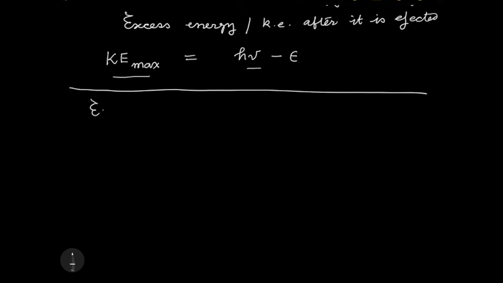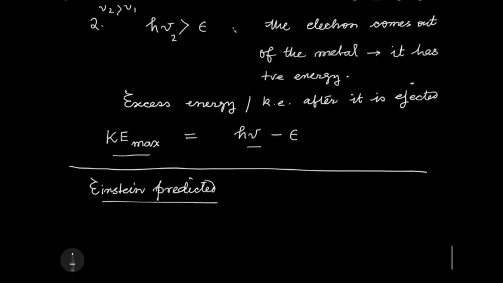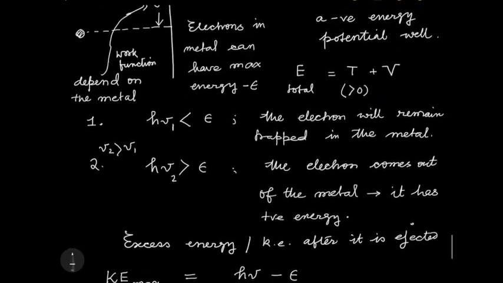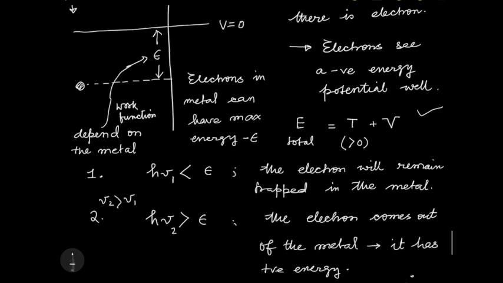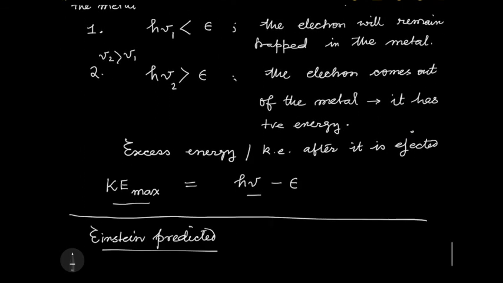So Einstein predicted the following. First of all, he explained all the previous phenomena. The first two were explained right here, and then the fact that the maximum kinetic energy, which is also equal to E times the stopping potential, depends on nu is also explained here.